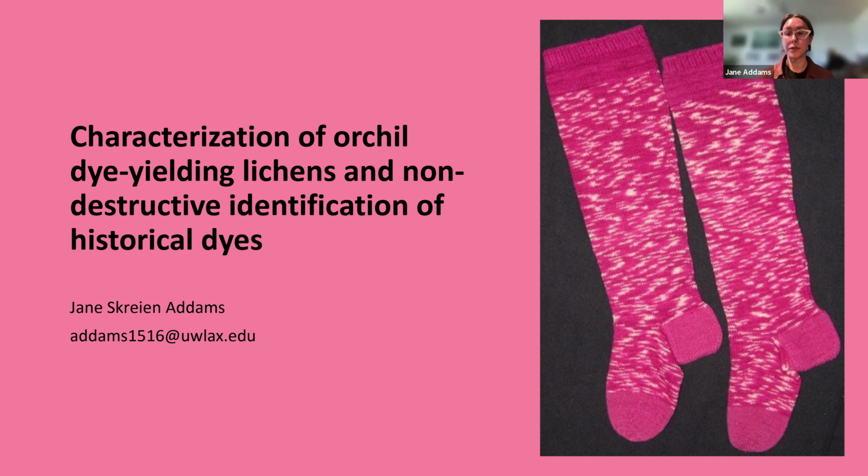It is also a refugia for many species that persisted in this area during the last glacial period, so it's really interesting from a biological perspective. And both the Vesterheim Museum and the University of Wisconsin-La Crosse are located in the driftless area.